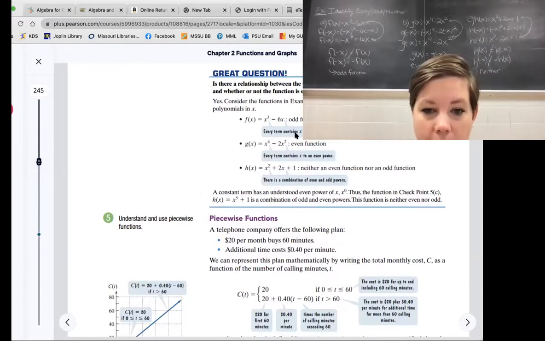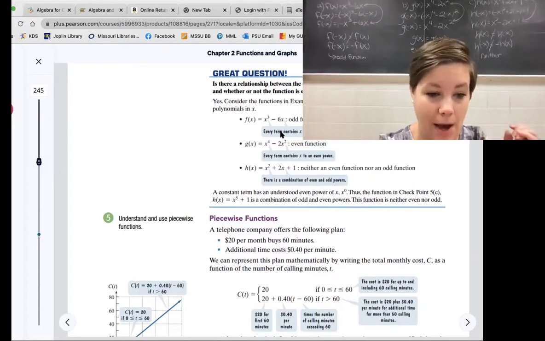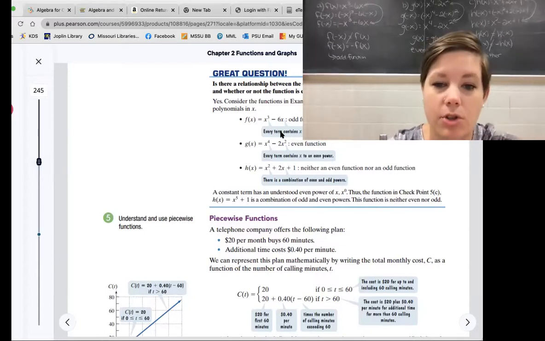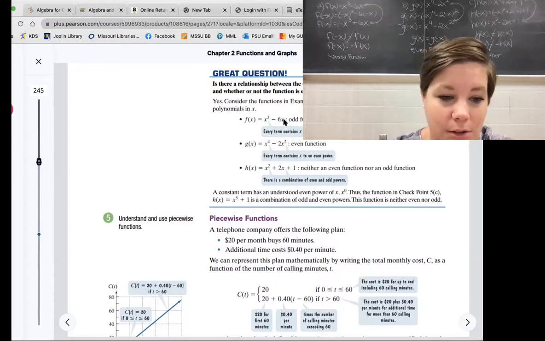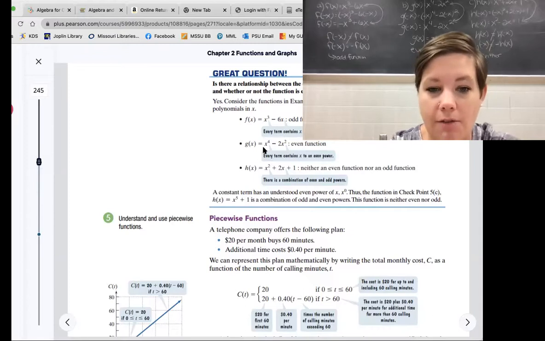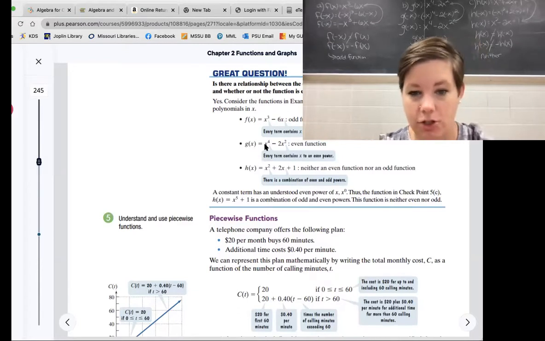If every term, every variable has an odd power, remember your odd numbers are 1, 3, 5, and so forth, then you have an odd function. If every variable has an even exponent, then you have an even function.